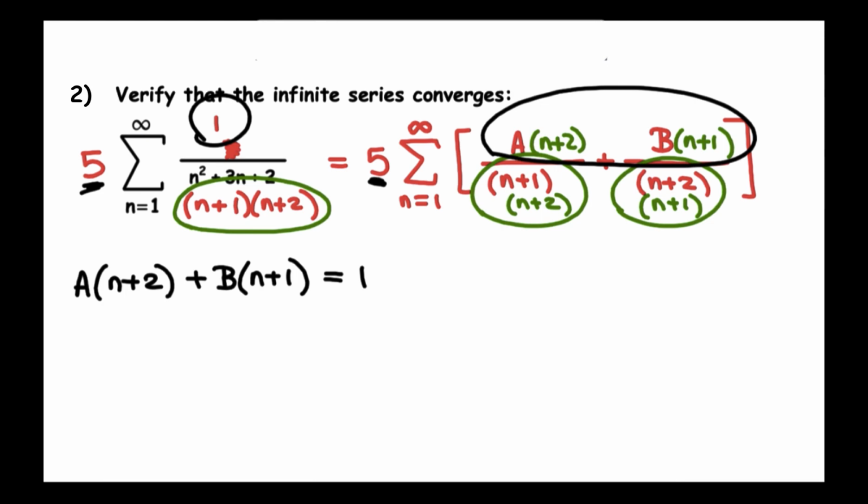So, all right, we're going to let n be negative 1, and then we'll turn around and let n be negative 2. I already know that a and b are going to come out opposites because 1 is a constant, but we'll do them both. If n is negative 1, then of course that's going to be b times 0. And that'll leave us with 1a equals 1, so just a will be 1.